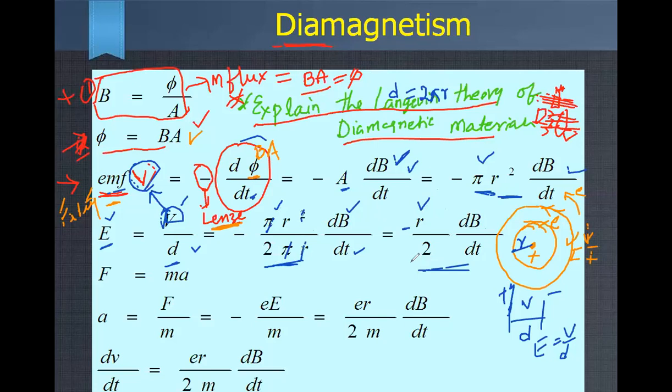Naveen, Sailaja, Naveen, are you there? Raghavendra? Yes, sir. Did you understand this? Shailaja, are you Shailaja? Yes, sir. Did you understand all my steps?